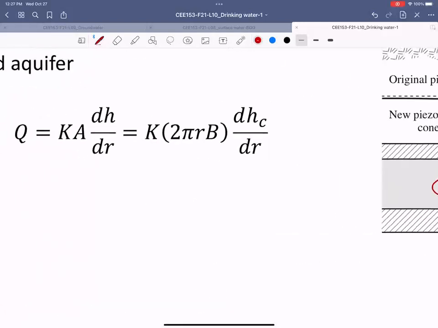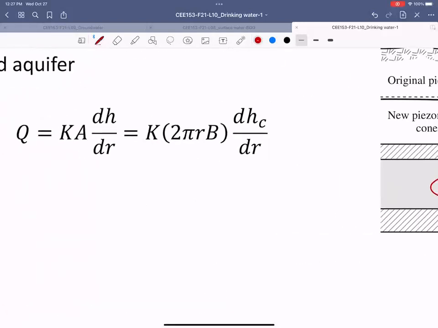So as you see in these equations, before, this one was H. Here H, or the height of the well that receives water, is constant. That's the only difference. Before it was HC. Now we just substitute that equal to B, which is the width, or thickness, of the confined aquifer.